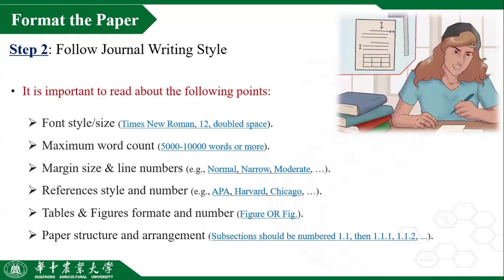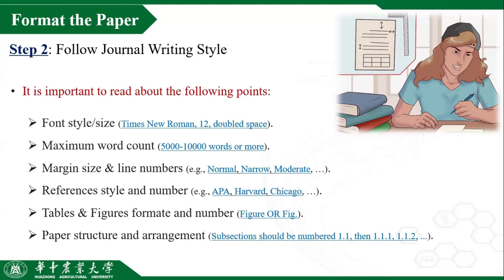Second is to follow the writing style. We just mentioned that every journal gives instructions, but this is the most common in different journals. They suggest to use Times New Roman, and the font size is 12, and the spacing between lines is double spaces.